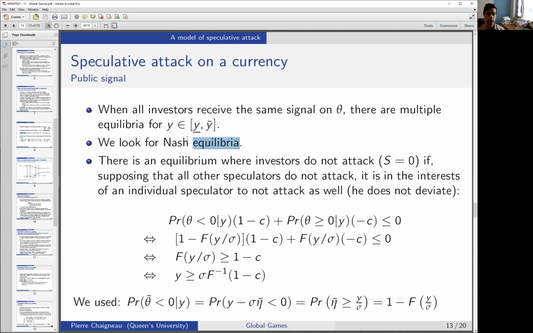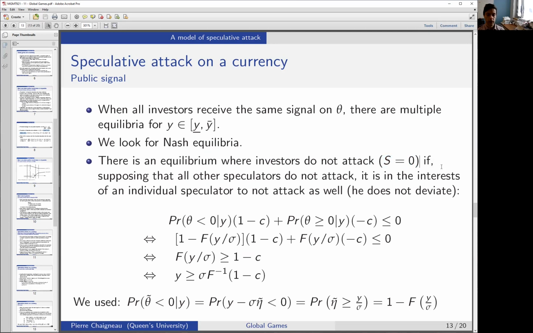We look for Nash equilibria, just like we did in the Diamond-Dybvig model. First, we're going to look for a Nash equilibrium in which all investors do not attack. If none of them attacks, S is going to be equal to 0. And if one atomistic investor deviates, S is still going to be approximately equal to 0.